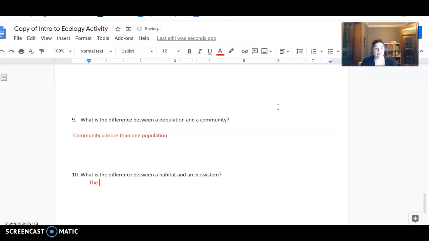So let's say the habitat is the specific characteristics for one organism, and the ecosystem is all of the organisms and abiotic factors in an area. You could go on to say that there are many habitats in a single ecosystem.